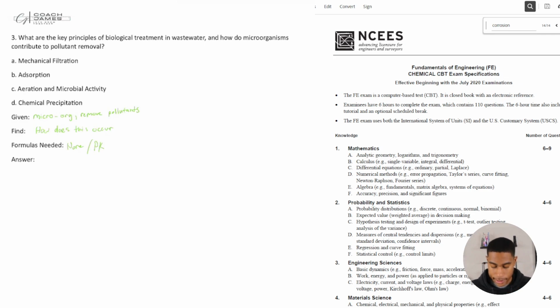So going through our answer choices. A, mechanical filtration. No, that's not biological treatment. B, absorption or adsorption.